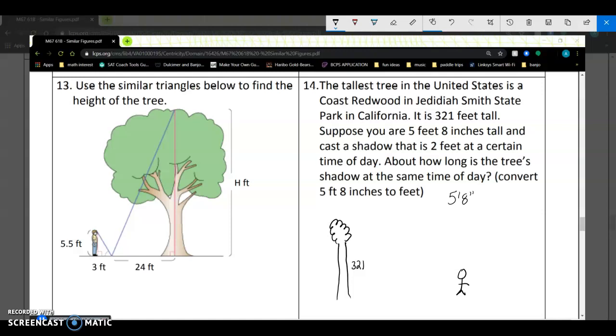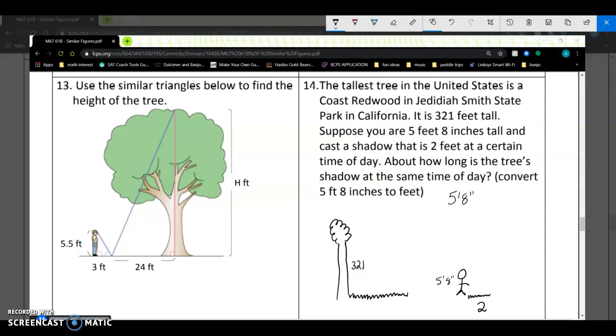Remember that little dash and two dashes means feet and inches. And my shadow is 2 feet. There we go. And we need to figure out the length of this shadow.